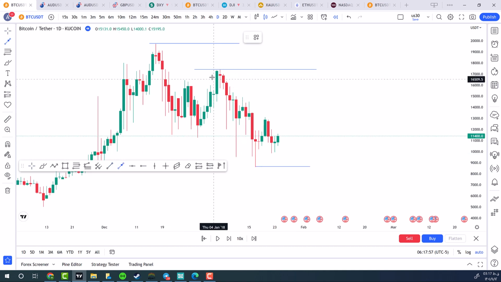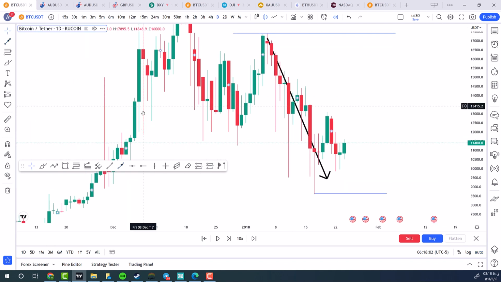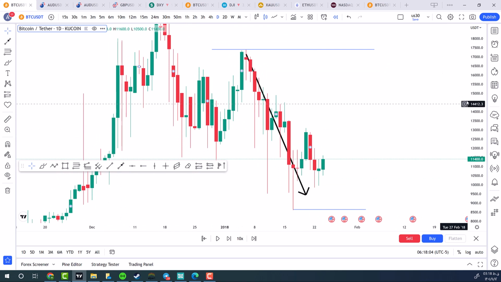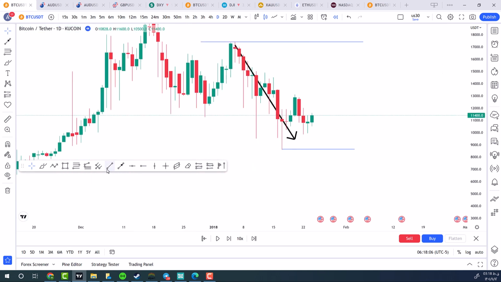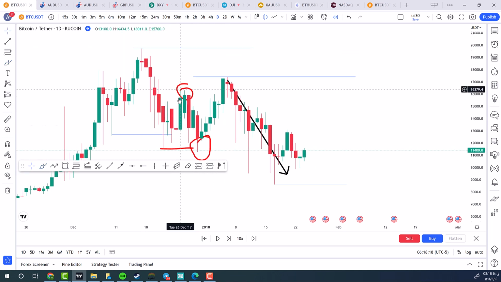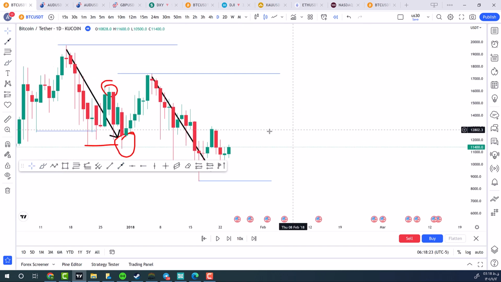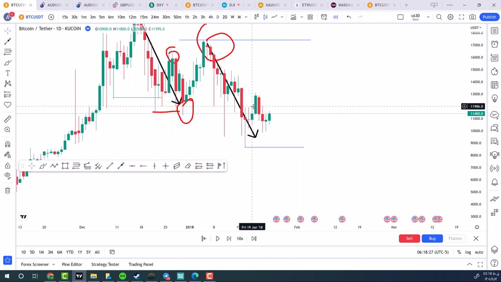Another thing that I'm going to mention is that if a person wants to use shadows to find break of structure, that is okay. You can see that here it is a shadow and it worked out because it made a lower high. Again, it came down, it broke this low with a shadow, and this larger movement worked out well, and it provided us with a lower high again.